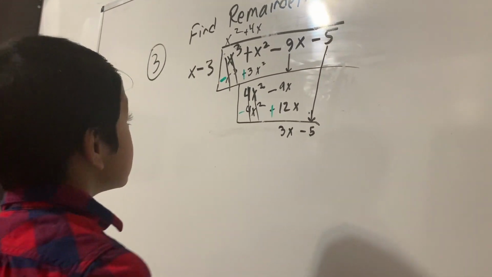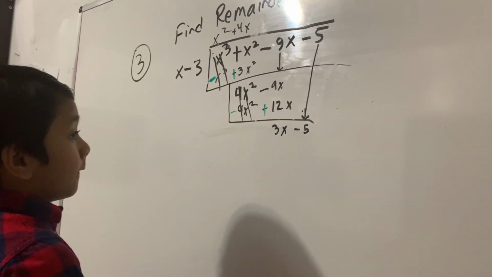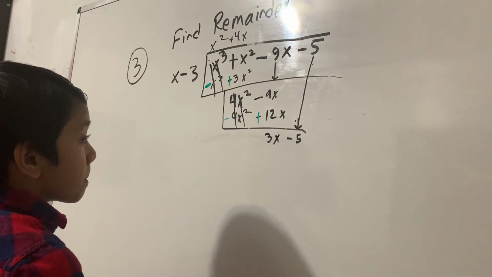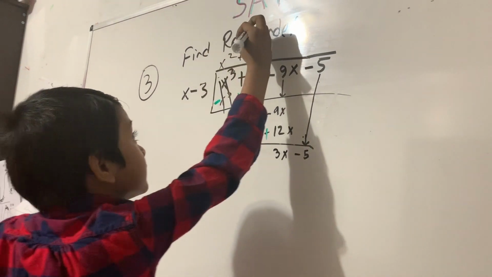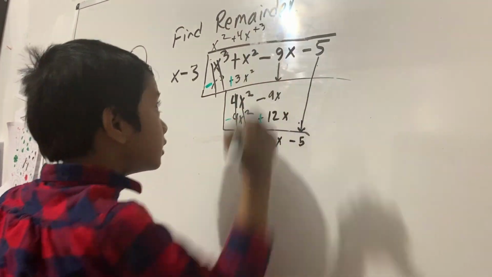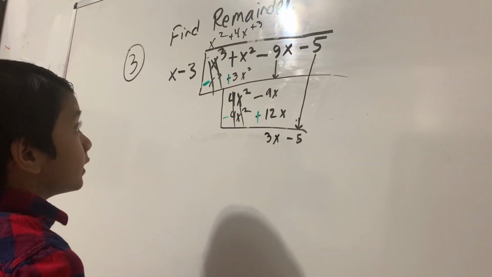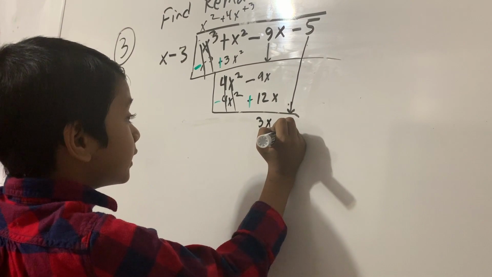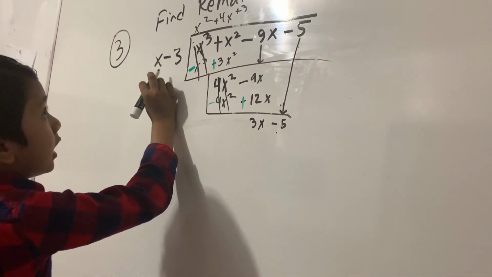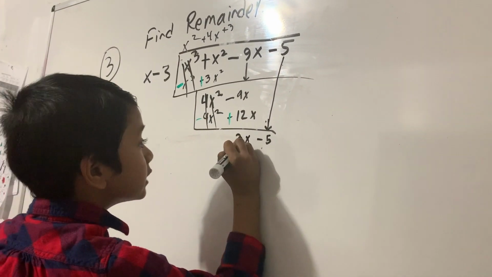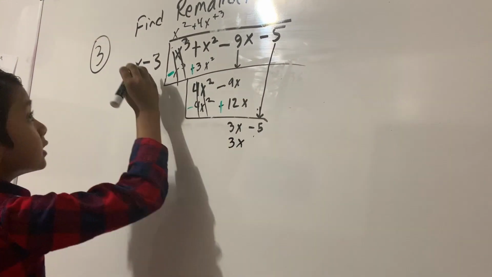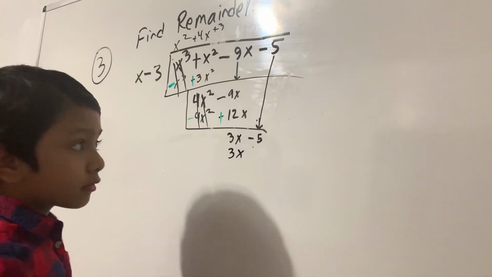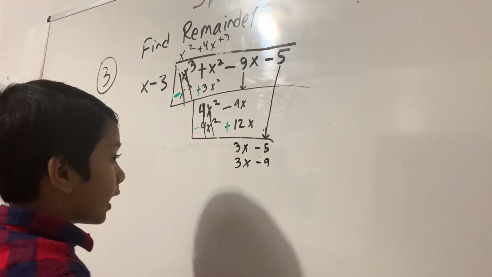And now, x into 3x makes 3. And minus 3 times plus 3 is, first x times plus 3, that's 3x. And then minus 3 times plus 3 becomes minus 9.